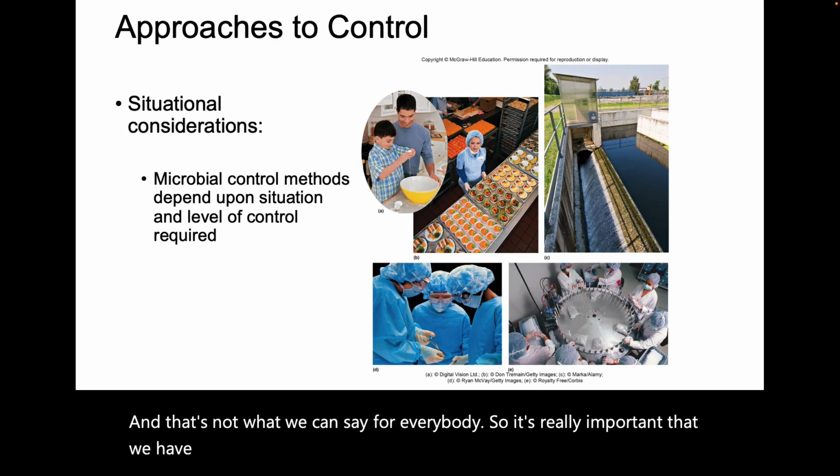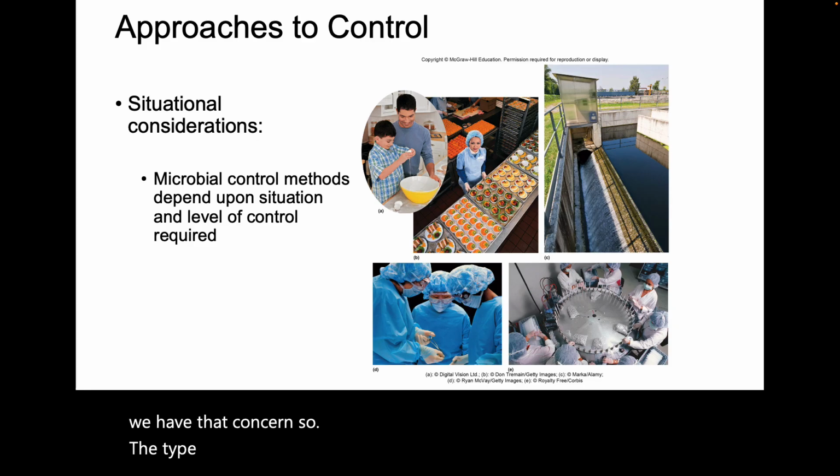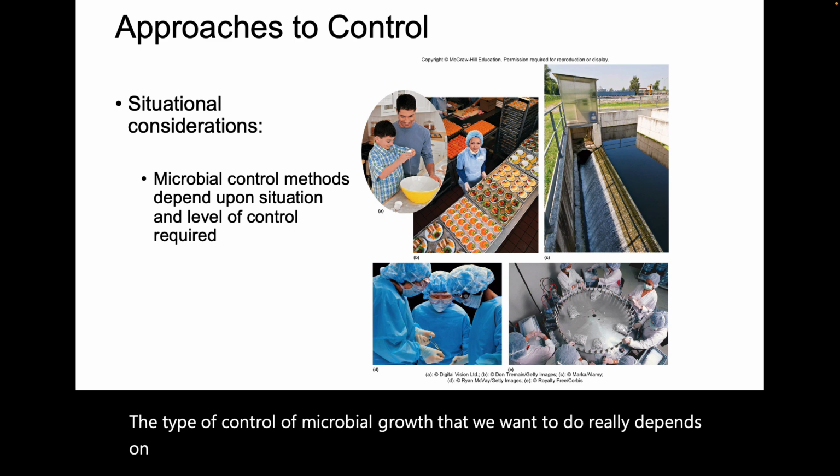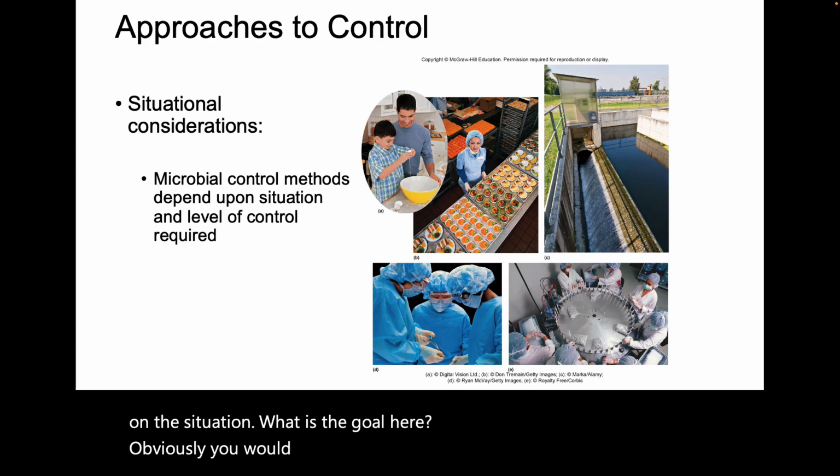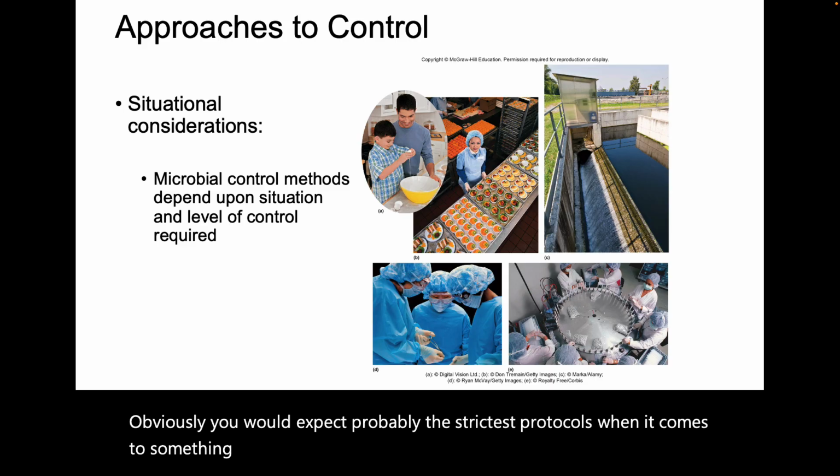So the type of control of microbial growth that we want to do really depends on the situation. What is the goal here? Obviously, you would expect probably the strictest protocols when it comes to something like surgery and hospitals.